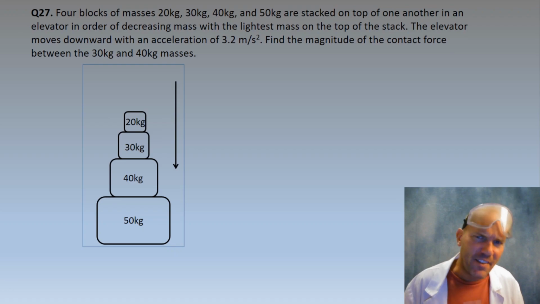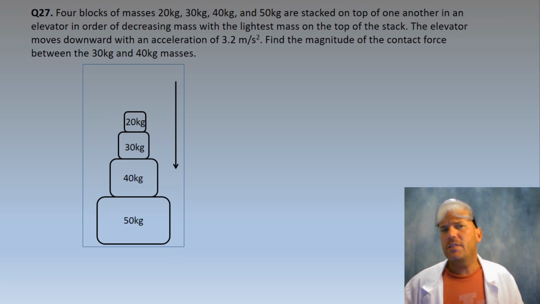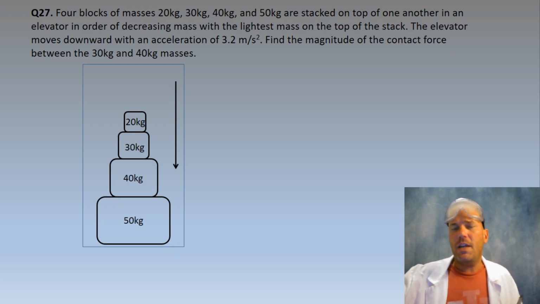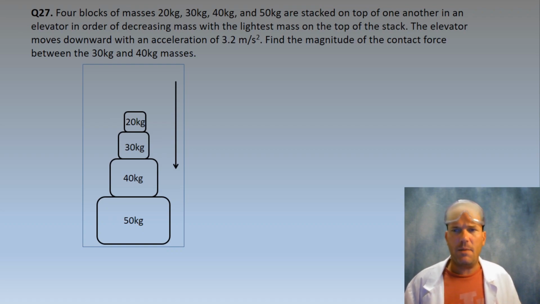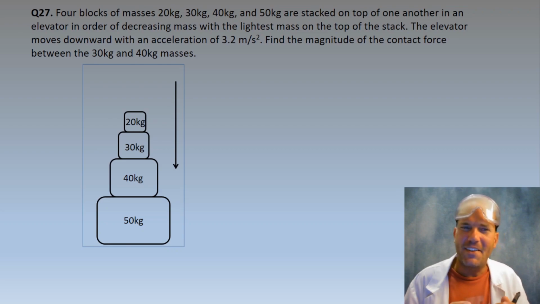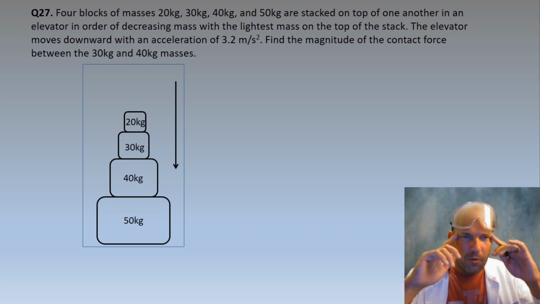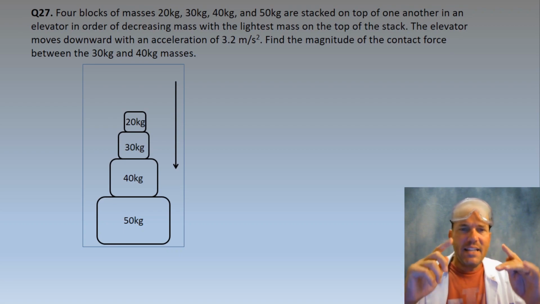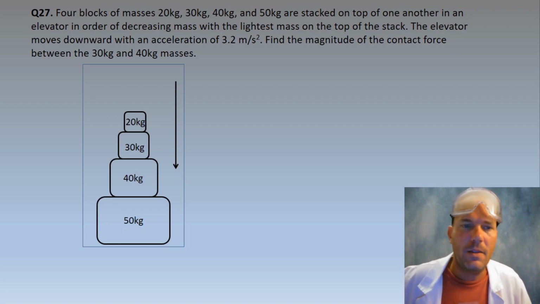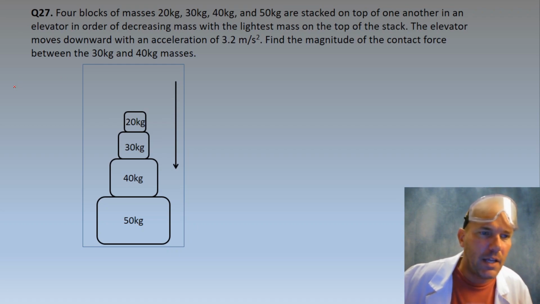Question 27. Four blocks of masses 20, 30, 40, and 50 kilograms are stacked on top of one another, and they're in an elevator. I love this. The elevator is moving downward with an acceleration. So immediately, I really hope you're thinking, oh, it's moving downward.